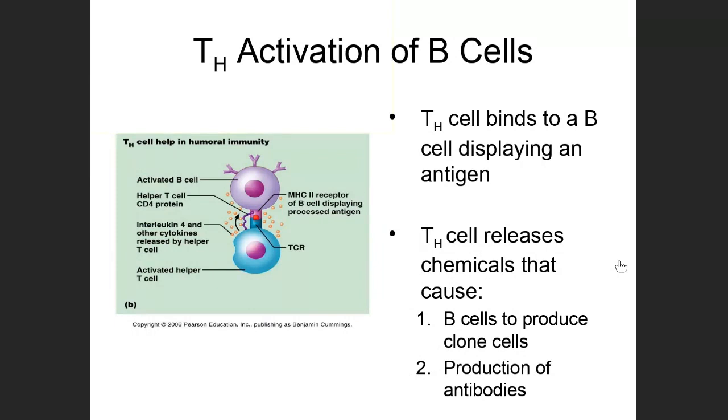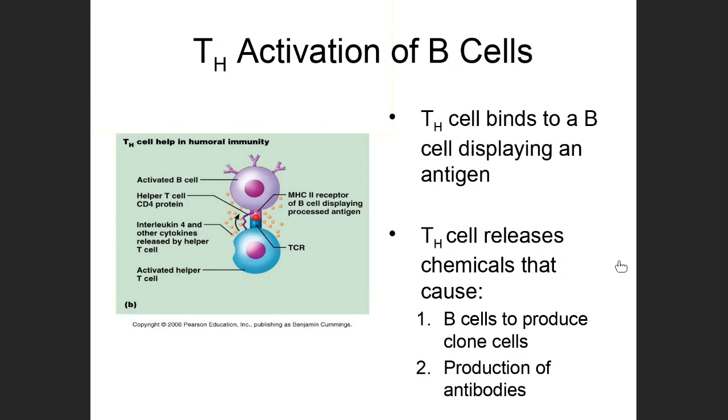We also looked at a diagram showing a B cell binding its one specific antigen. Once a B cell has done that, it acts as an antigen presenting cell, or APC. It goes and finds a helper T cell, and that helper T cell is going to activate the B cell so that humoral immunity can get going.